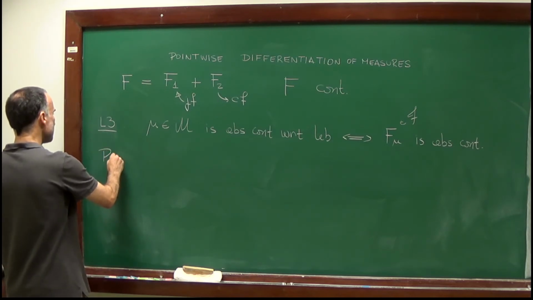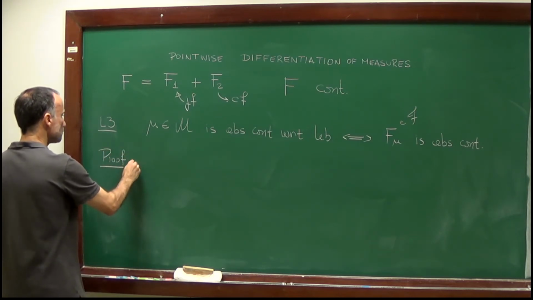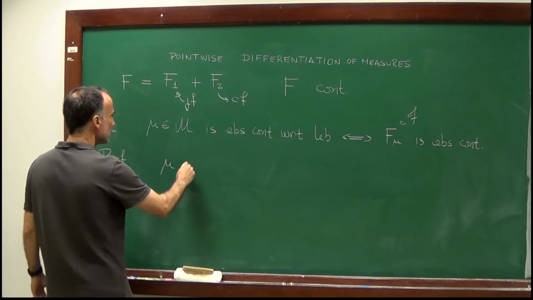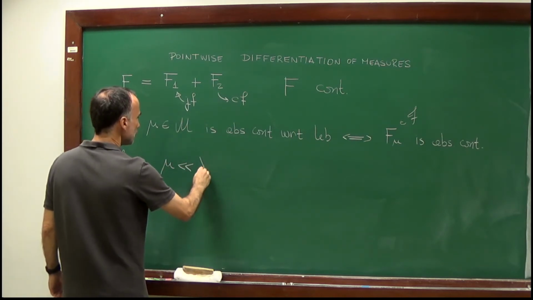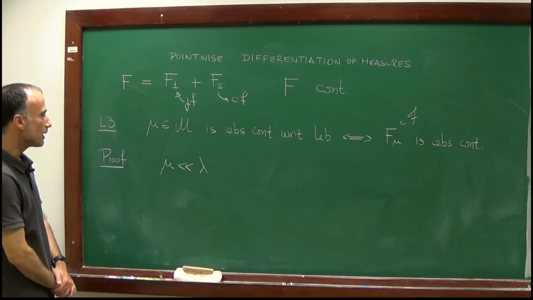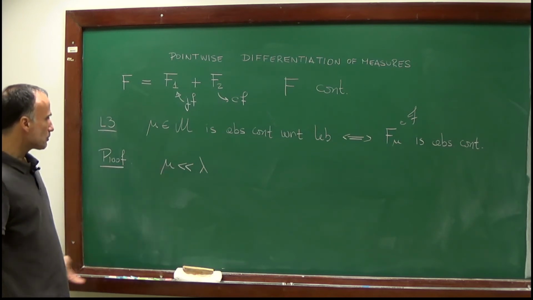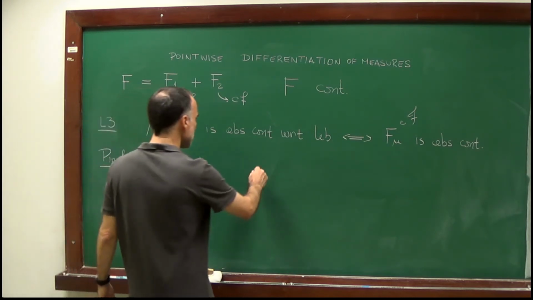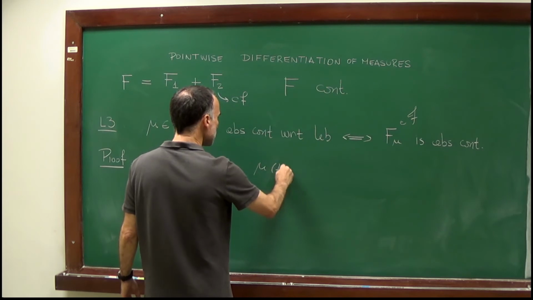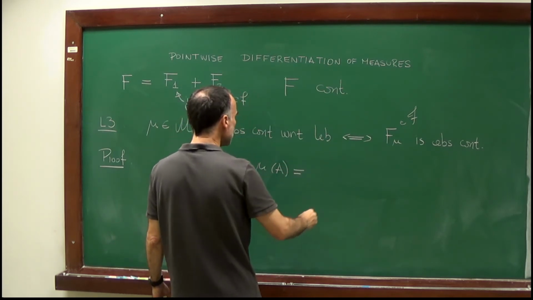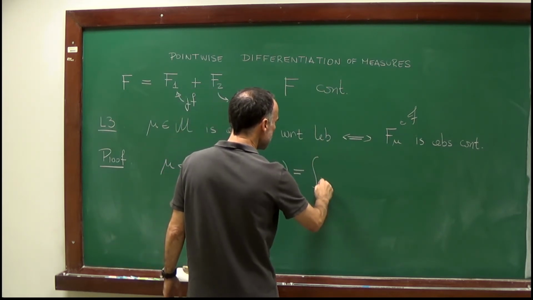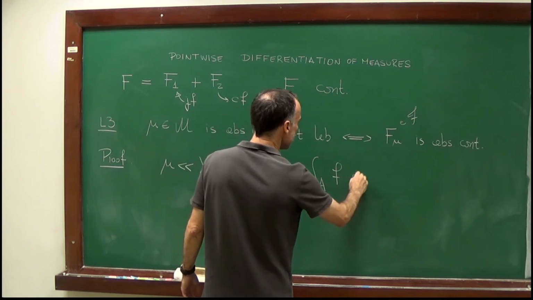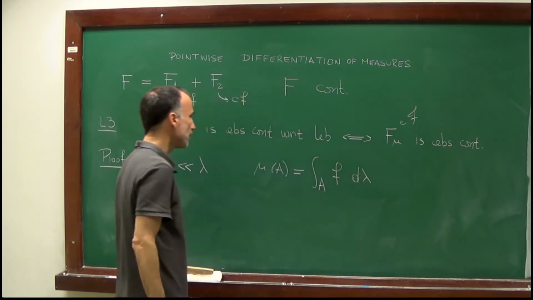So let's prove that. Let's assume that mu is absolutely continuous with respect to the Lebesgue measure. Well, if mu is absolutely continuous with respect to Lebesgue measure, we know that there exists a function f such that mu of A is equal to the integral over A of f d lambda, right?